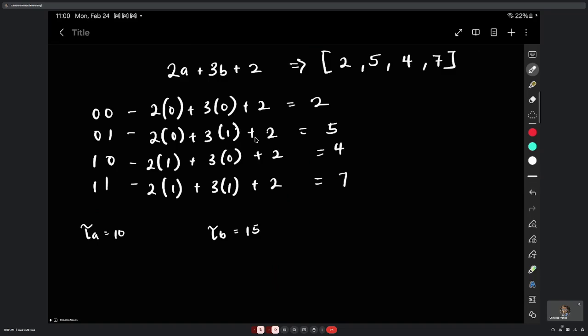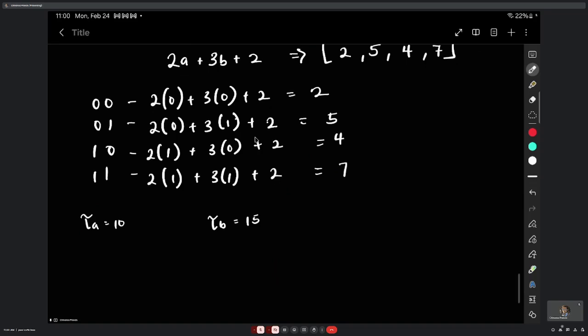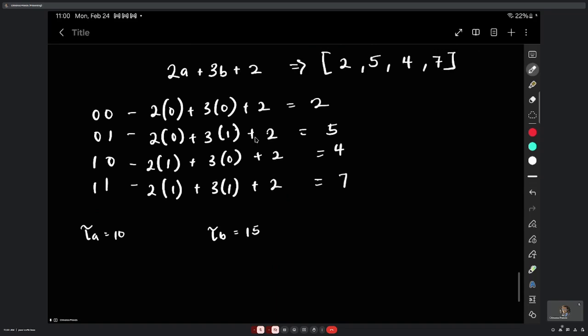We know check 0, check 1, right? Good. And what are we trying to achieve? We want to get an array such that if we do a dot product with the evaluations of this polynomial, we are going to get the actual evaluation of the polynomial at that point. Right?